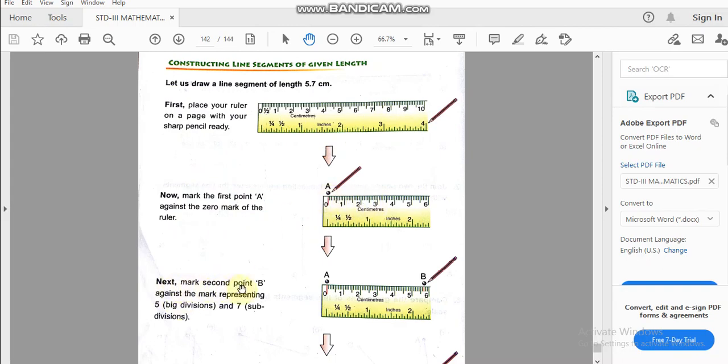Next, mark second point B against the mark representing 5 big divisions and 7 subdivisions. So 5 big divisions we have reached till here, then count 7 subdivisions: 1, 2, 3, 4, 5, 6 and 7. So this brings us to 5.7 centimeter.